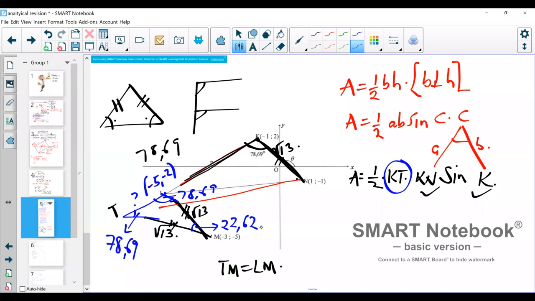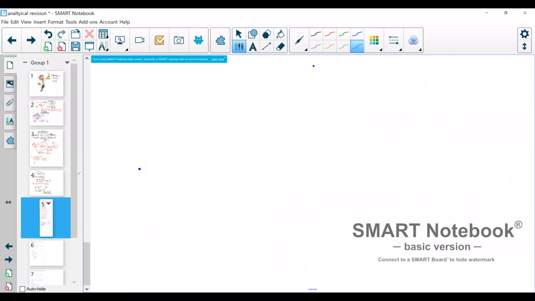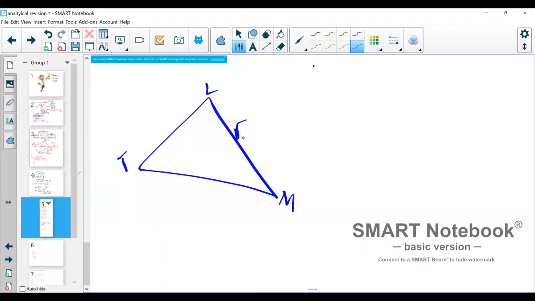I'll show you some other way, but we need to explore. Look at what I have. You need to draw this and go through this later. This is M, this is T, this is L. Square root 13, square root 13, 22.62, and I'm looking for this.